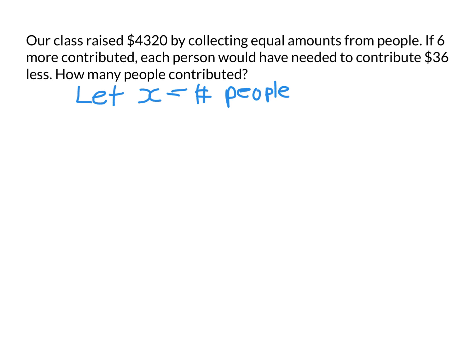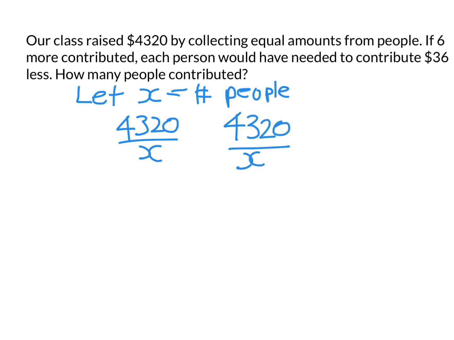Our class raised $43.20 by collecting equal amounts from people. So each person contributed $43.20 divided by x. What we're told is that if we had 6 more contribute, so that would mean x plus 6 people contributed, this number would be $36 less than that number.